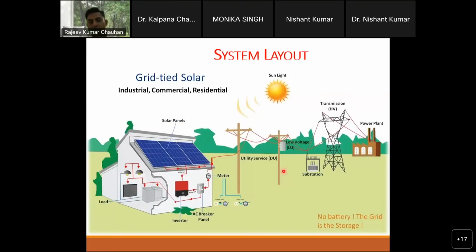I have assumed that the grid behaves like a sink and source for us. Whenever we have extra power, we feed it into the grid, and whenever the power is not sufficient, for example at night, we take it from the grid. So the grid is sink and source here, and everything is based on that.